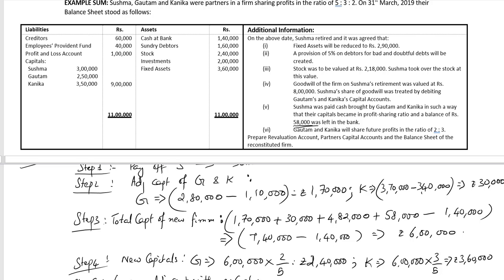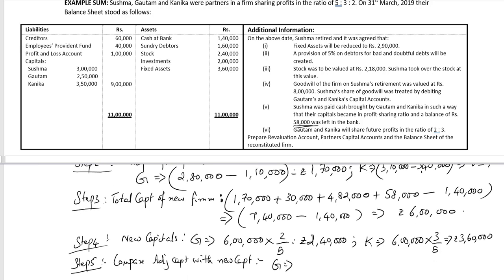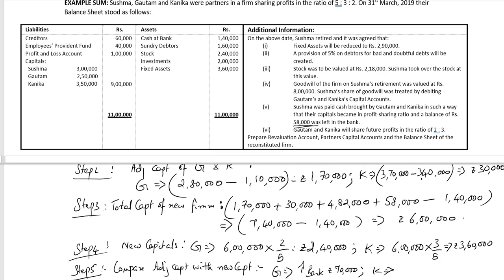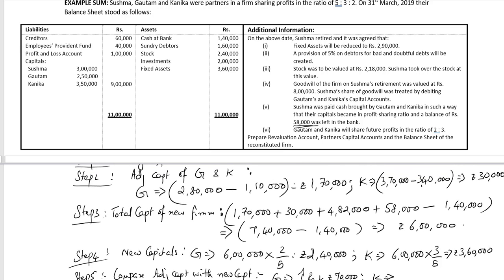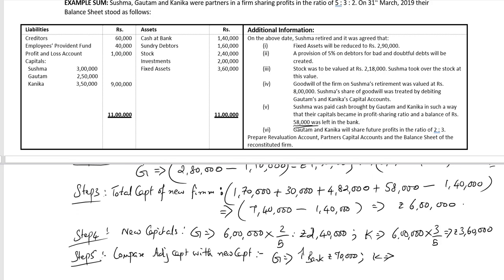And the new capital is 2,40,000 rupees as per step 4. So he needs to bring in cash 70,000 rupees. Kanika, the adjusted capital is as per step 2, 30,000 rupees, whereas the new capital is 3,60,000 rupees, and Kanika needs to bring in 3,30,000 rupees.